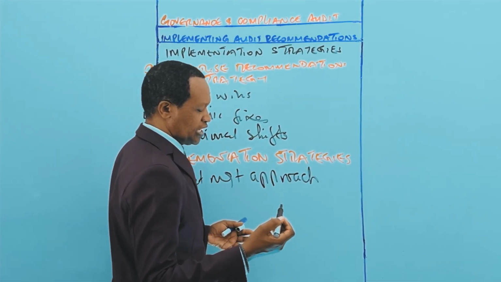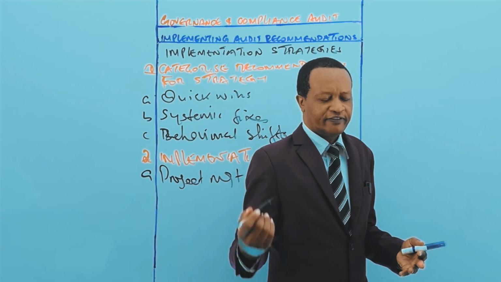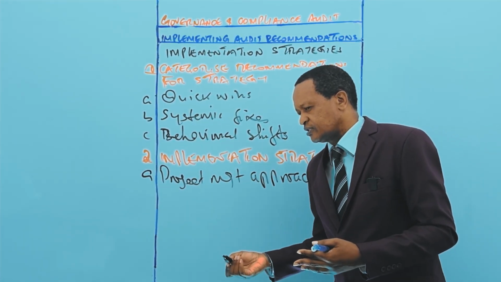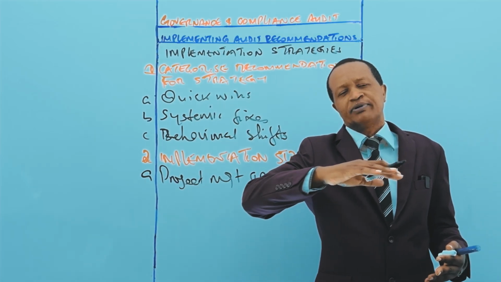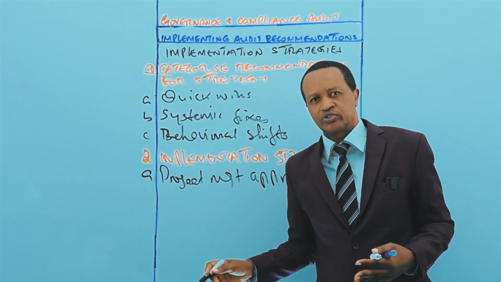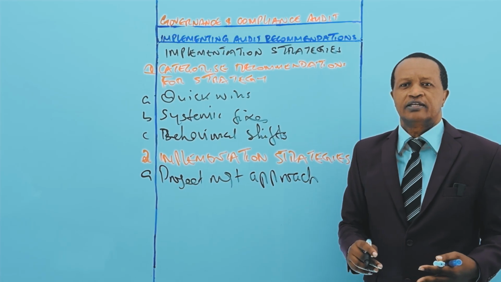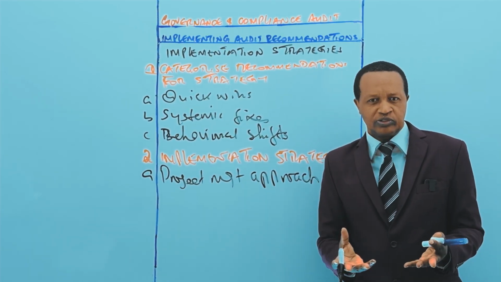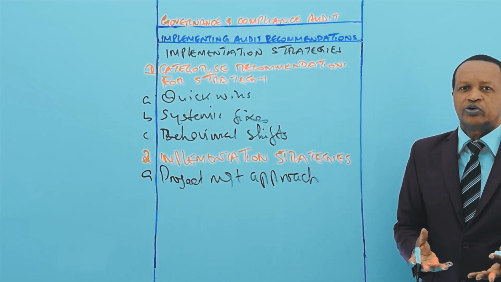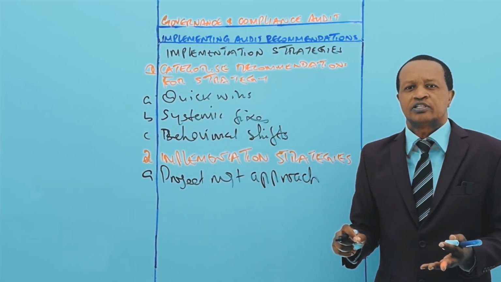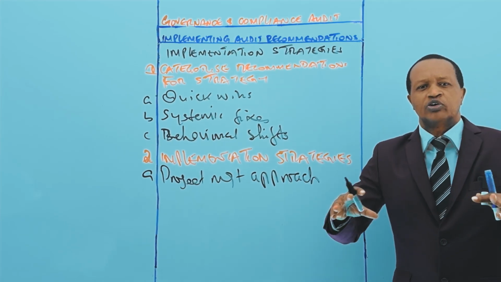So if an auditor has made a finding, an auditor has identified a gap that affects different departments, then to implement recommendations of the auditor, you may have to put in place a project management office or a dedicated task force that will oversee all the recommendations.